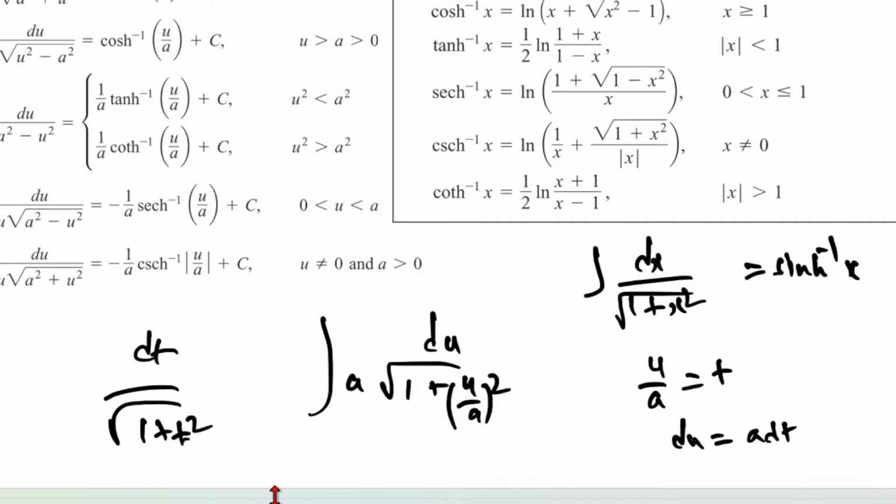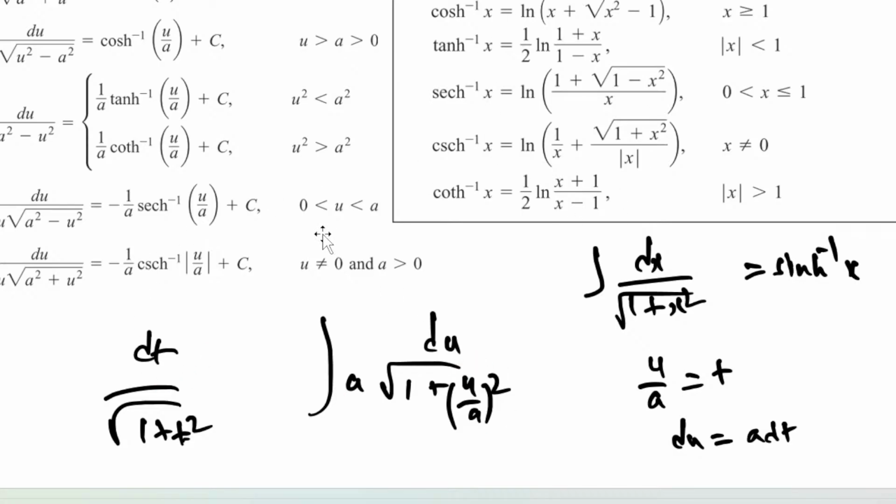So a square plus x square, a square minus x square, this is a slightly modified version of 1 minus x square, 1 plus x square. Just that x by a, you will take as the substitution, some t or p or whatever. Sir, why does a come out common?